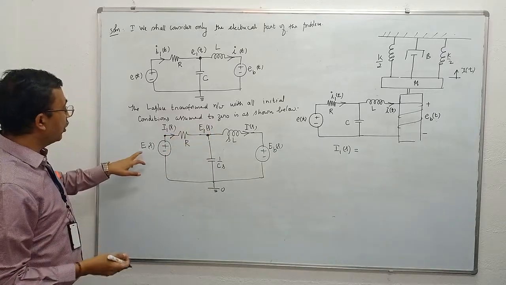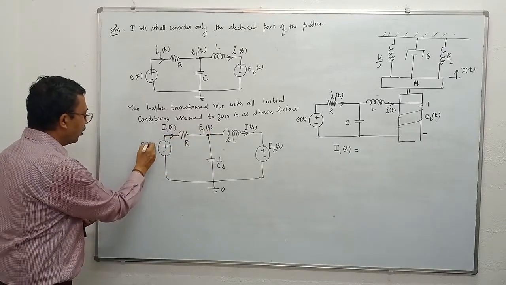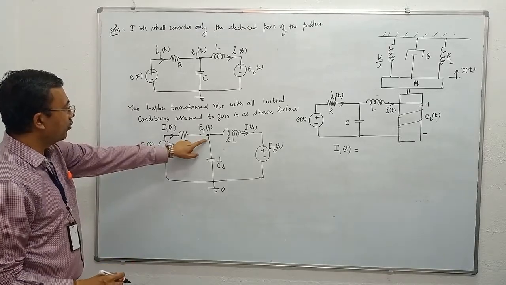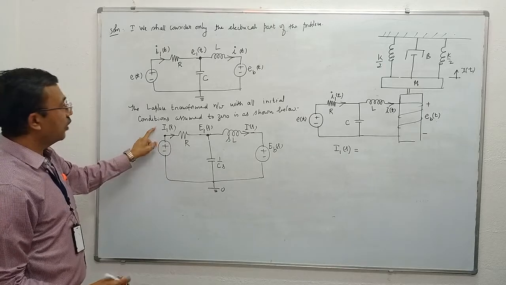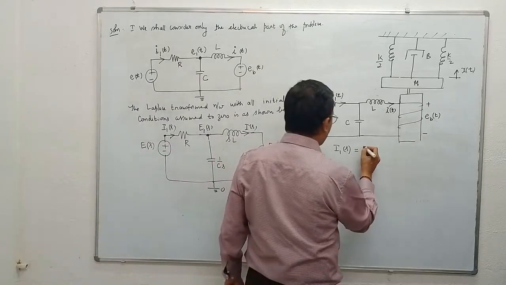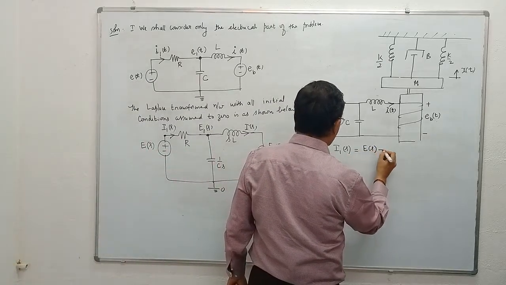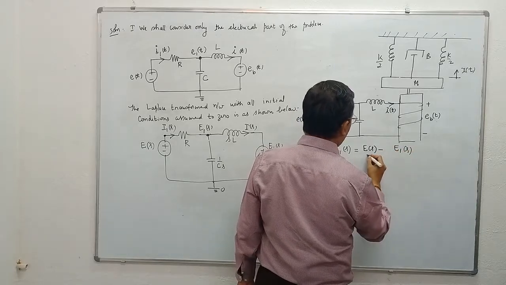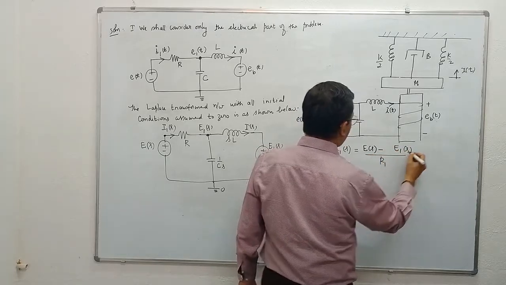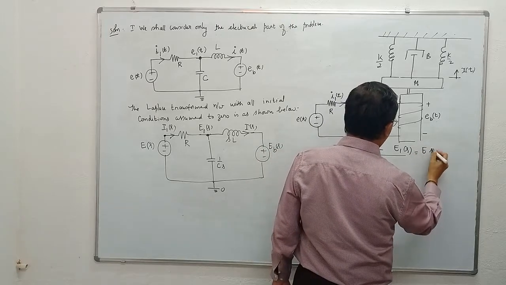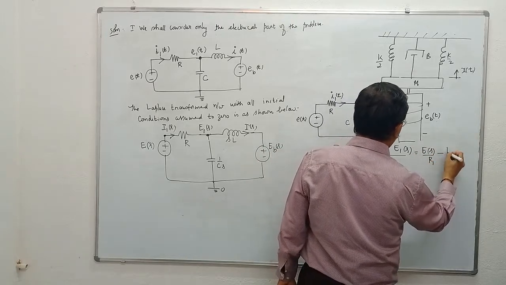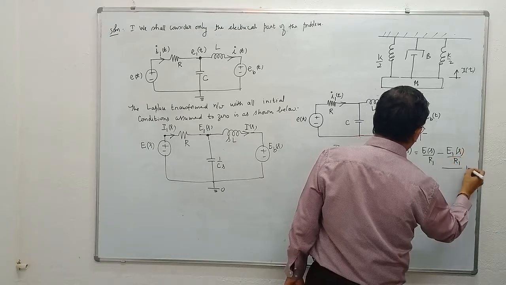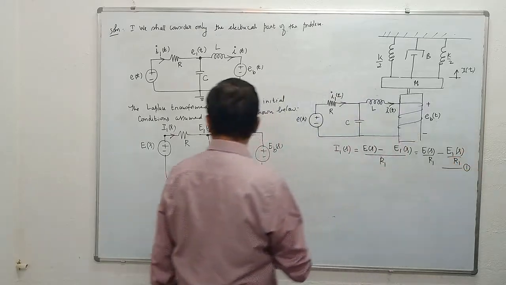Difference in potential is E(s) minus E1(s). Difference in potential divided by R gives you I1(s). So it is E(s) minus E1(s) divided by R1. So this is nothing but E(s)/R1 minus E1(s)/R1. I'll call this equation 1.